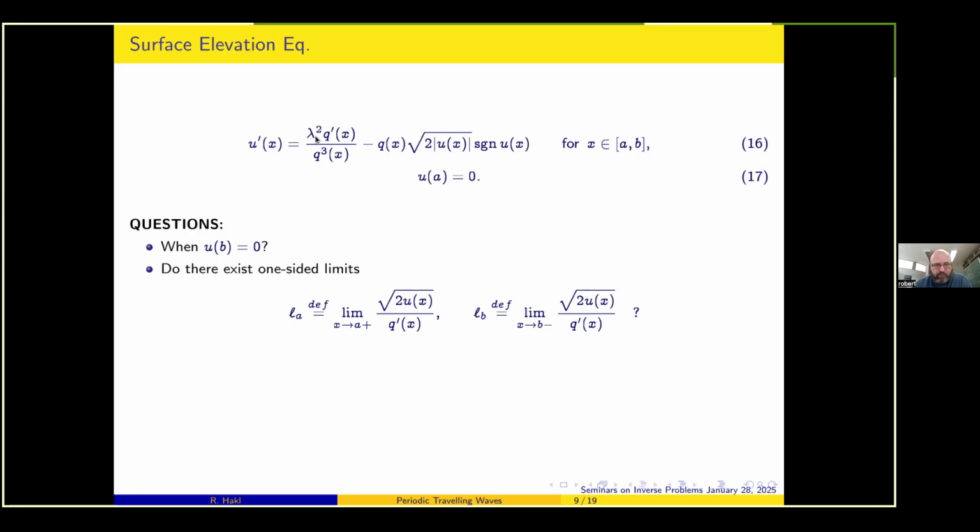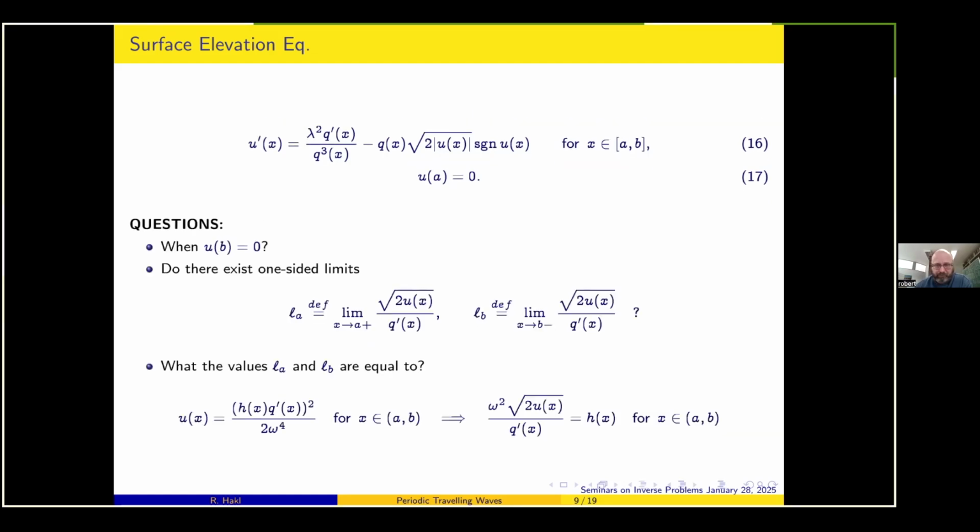Then we need to prove that there exist one-sided limits of this form, and to find what the values L sub A and L sub B are equal to. Because as U is defined this way, then H we get using this relation. That is why we need the one-sided limits at the points A and B of these fractions.